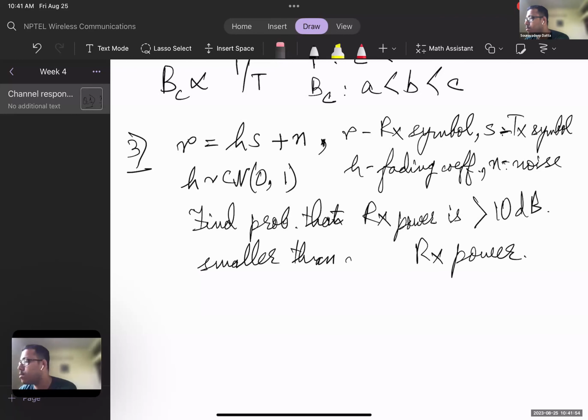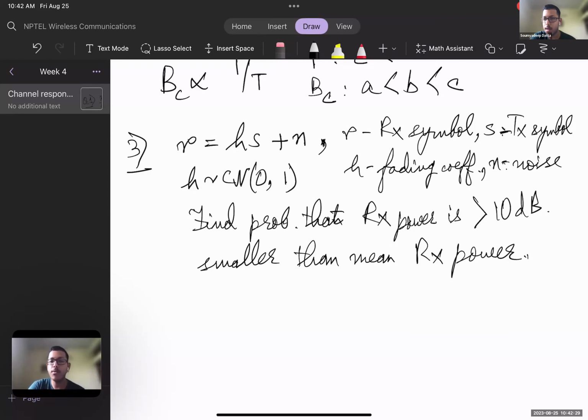What is the key concept that this question rests on? The key concept here is that your channel model is a fading channel model. So you don't really know the exact channel at any time. All you know is a statistical distribution. Unless you measure the channel, you won't know the channel, and so you cannot predict properties in advance.